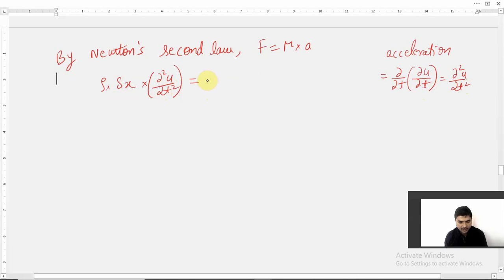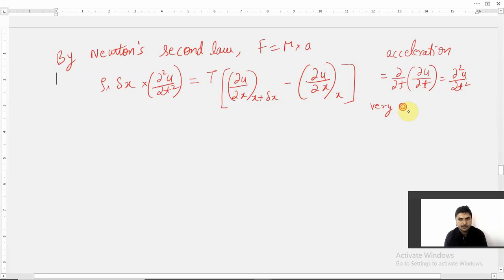The force we have already calculated, students, the vertical component of the force. Just substitute that: this is going to be T into dou u upon dou x at x plus delta x minus dou u upon dou x at distance x. This equation is a very important equation. Don't make a mistake in this equation.